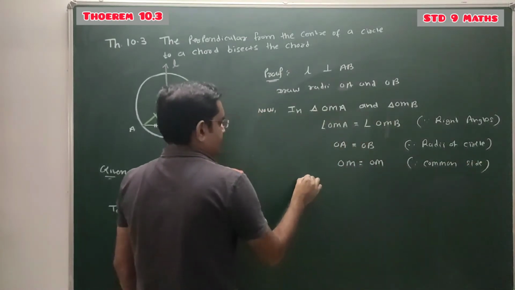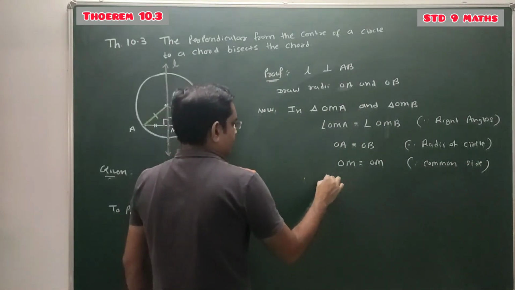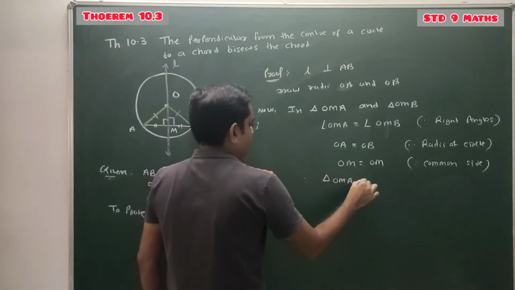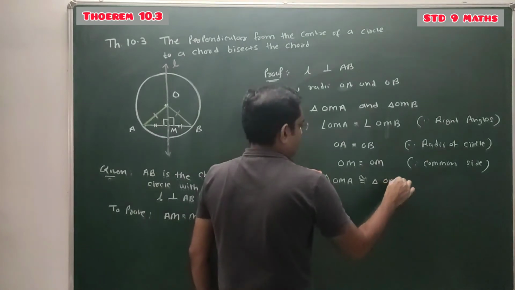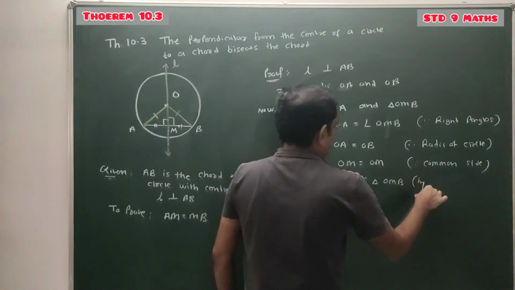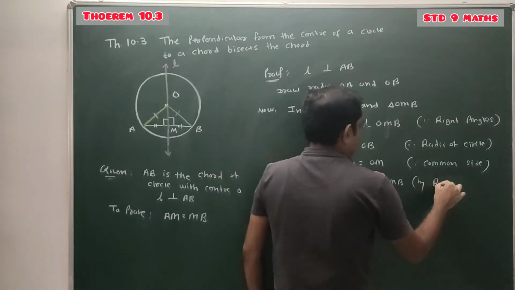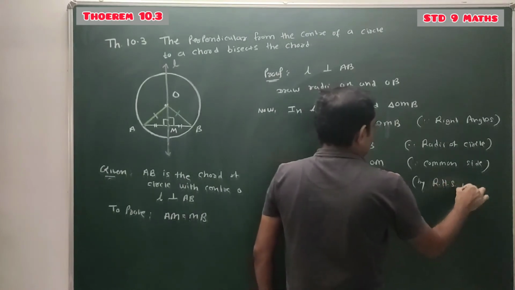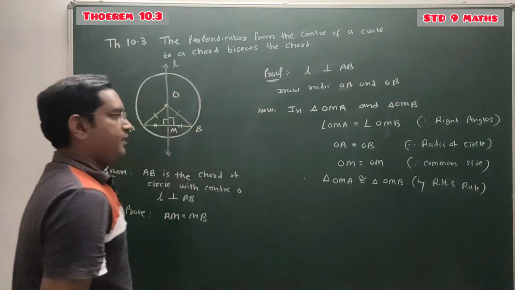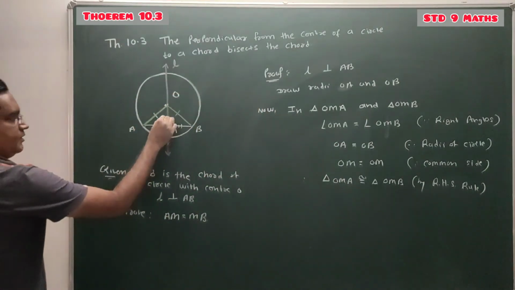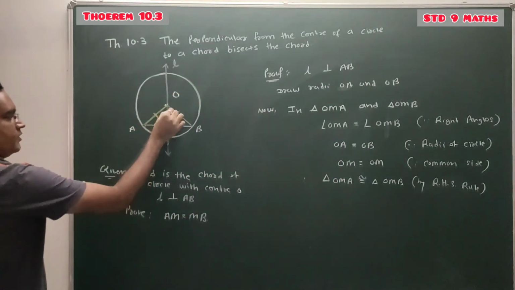So here we can say that triangle OMA is congruent to triangle OMB by which rule? RHS rule. Right angle, hypotenuse and side. Right angle means 90 degrees, hypotenuse is equal, and one side is common.